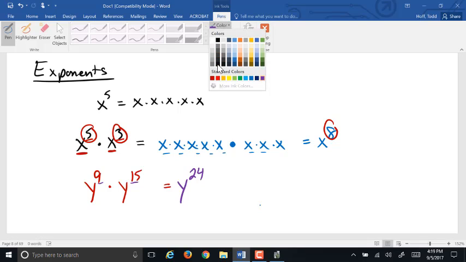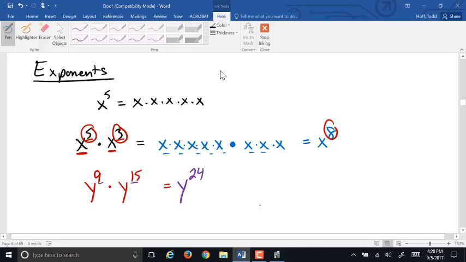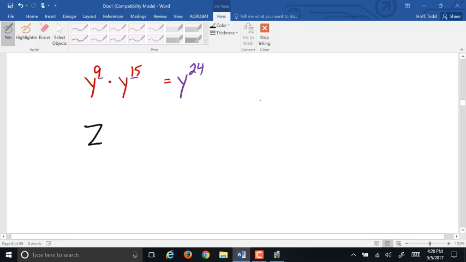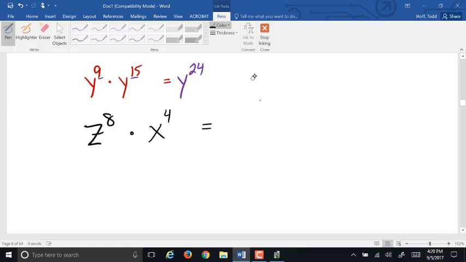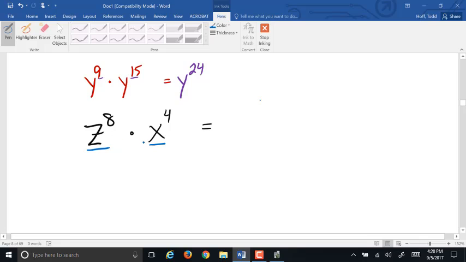If I have z to the 8th times x to the 4th, what's it going to become? Well, they have different bases, don't they? Z and x.